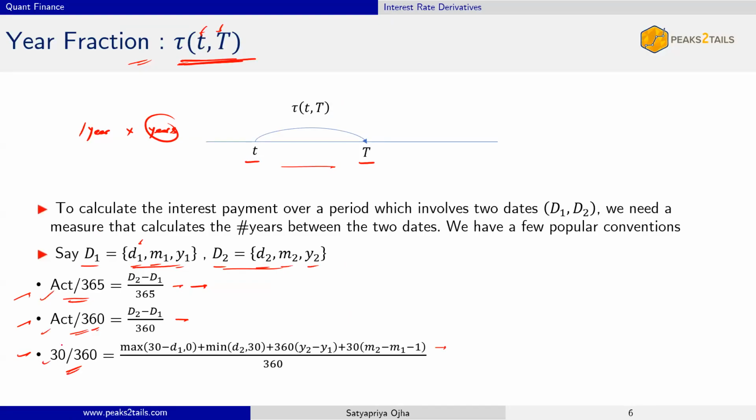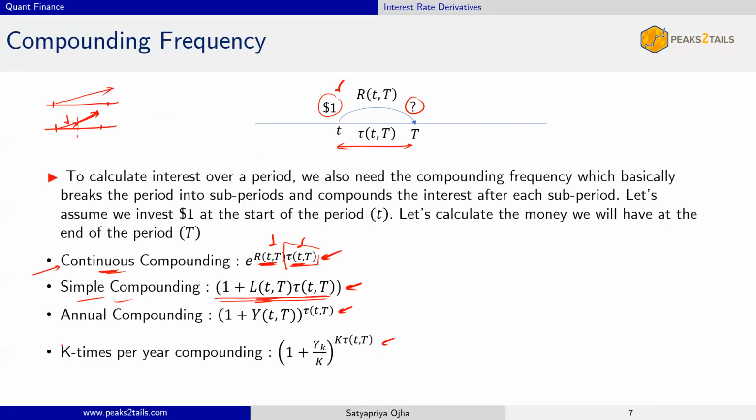Based on your convention, you'll get the year fraction. Take that, plug it in here, and you'll get the amount you will have at the end of the period using continuous compounding. R is a rate quoted in continuous compounding, which means this is the rate at which you grow your money, compounding every instant.